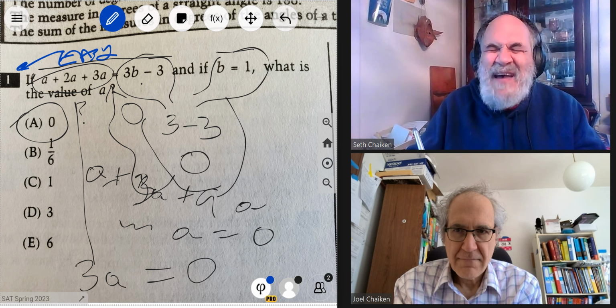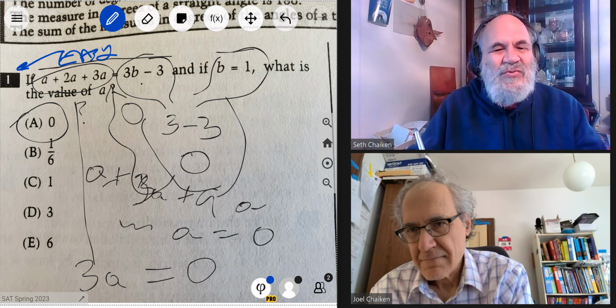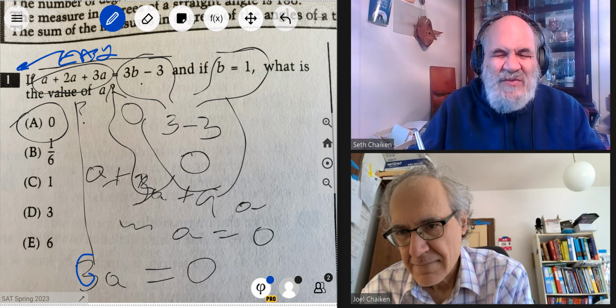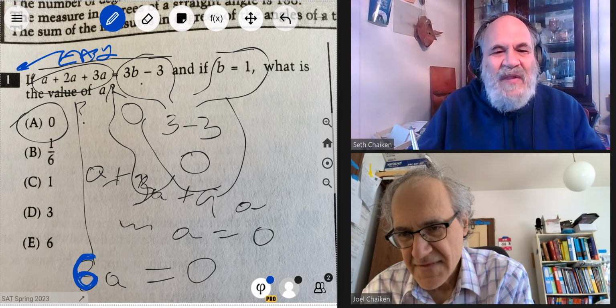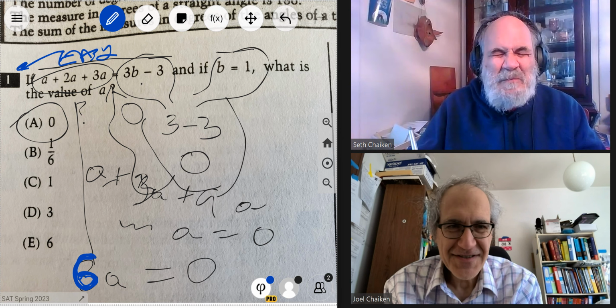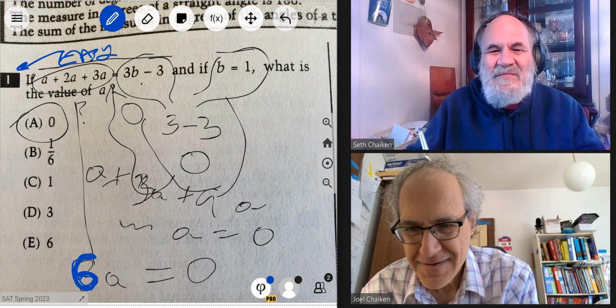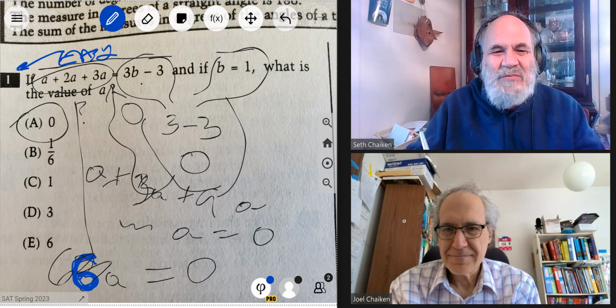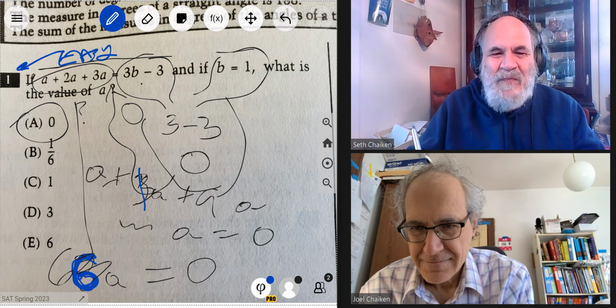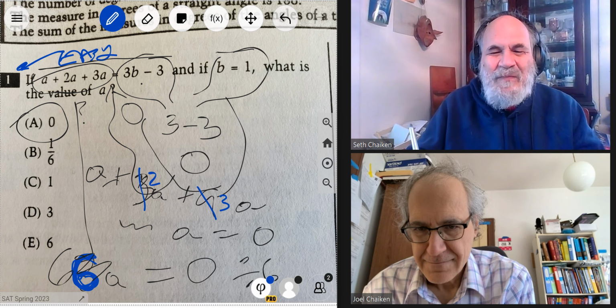And then to be pedantic, you use the law of algebra that you could divide both sides by 3, because 3 is not 0. It's actually 6. Yeah, you're right, 1 plus 2 plus 3 equals 6. 6A equals 0. Divide by 6.